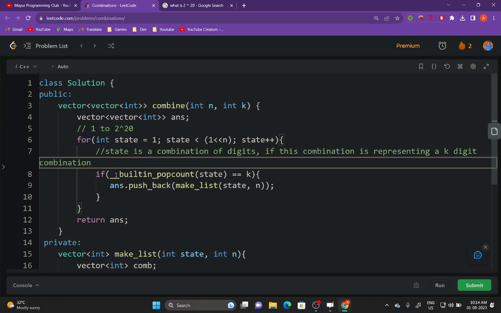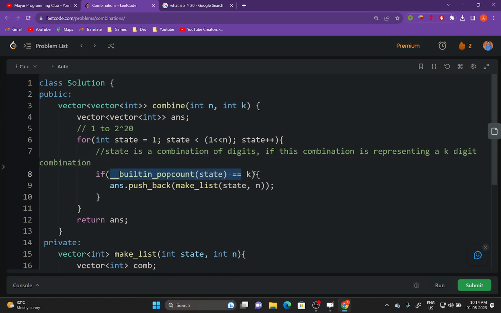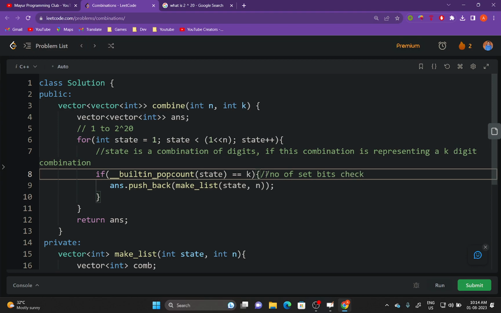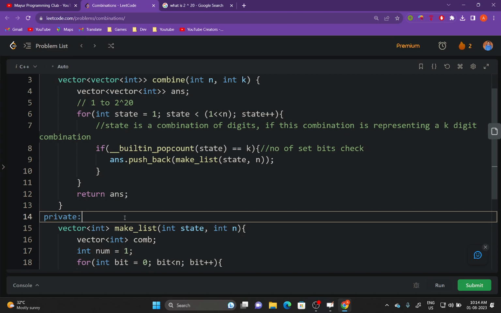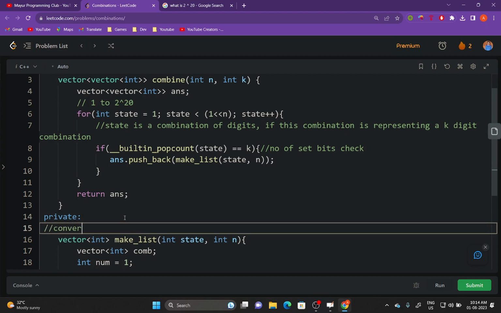We will be checking if this is representing a k digit combination. The number of set bits will be k. Number of set bits check. If it happens to be equal to k, then it is indeed the k digit combination that we are looking for, and we will convert it into a list, or say combination. This will convert the state into a combination in form of list.